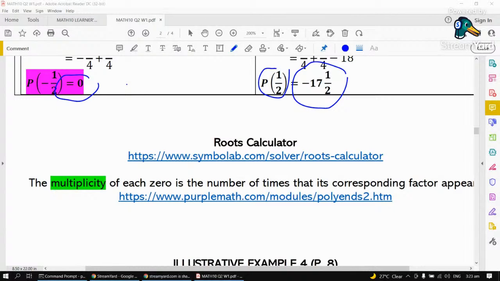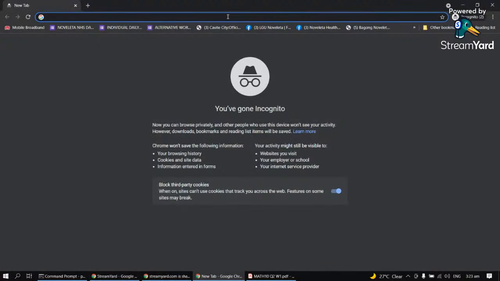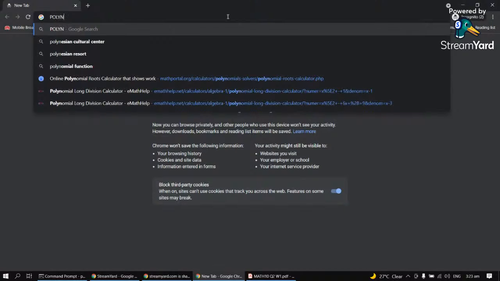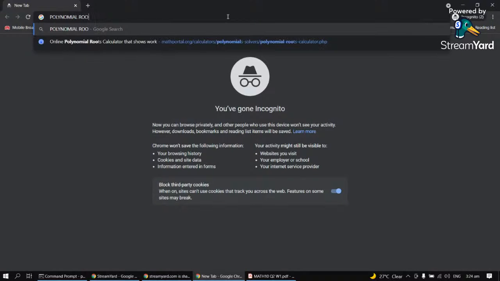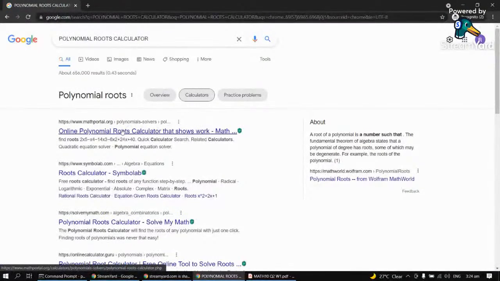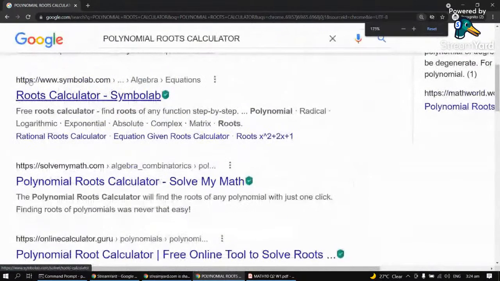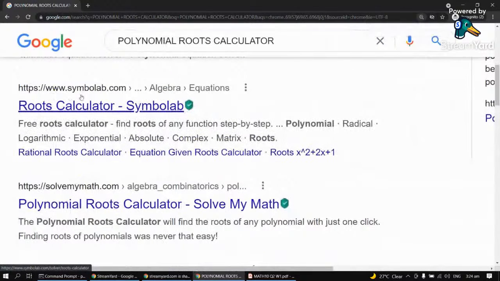So, ang gagawin lang natin is mag-open tayo ng browser. And then, tatype lang natin na polynomial roots calculator. Usually ginagamit ko yan is itong symbol lab roots calculator.